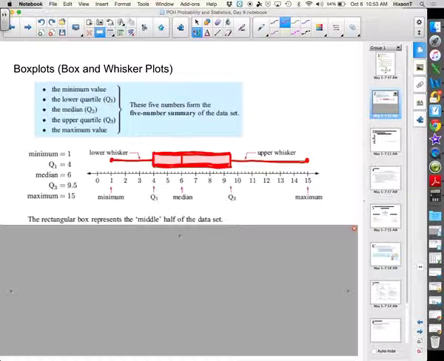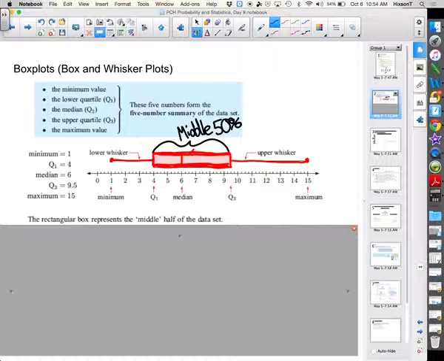But this box right here is where 50% of my data lies. Okay? So we could say that that is our middle 50%. Now that's helpful because our mean is probably going to be in there, or should end up being in there. Okay? That's where our data is kind of centered around.